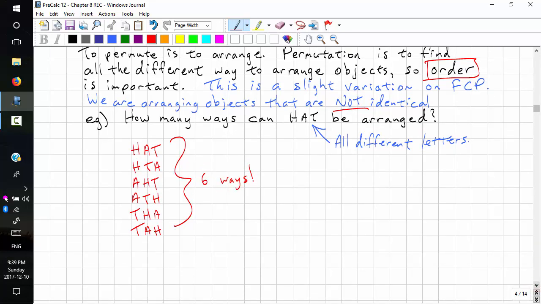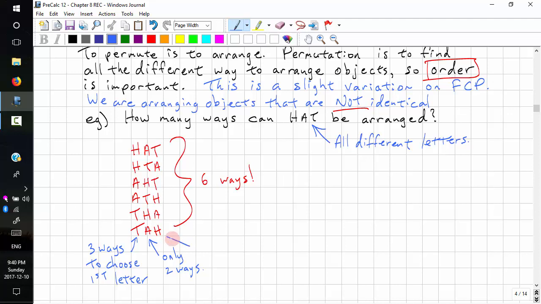But let's look at the pattern. There's 3 ways to choose the first letter. Once we've chosen our first letter, there's only 2 ways to pick our second letter, because the second letter is dependent on the first letter.